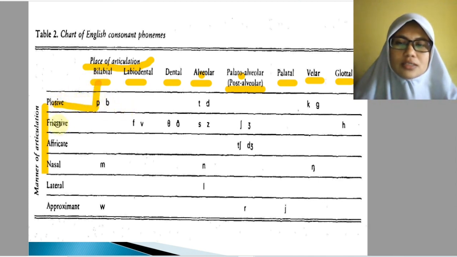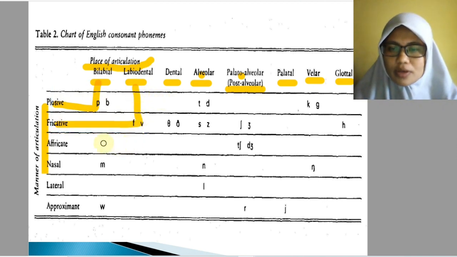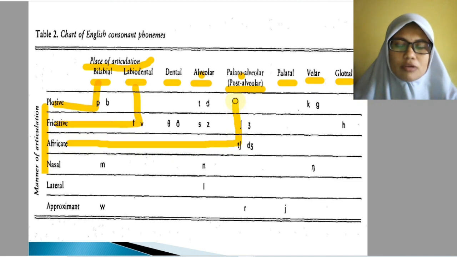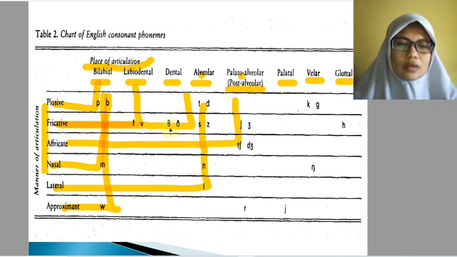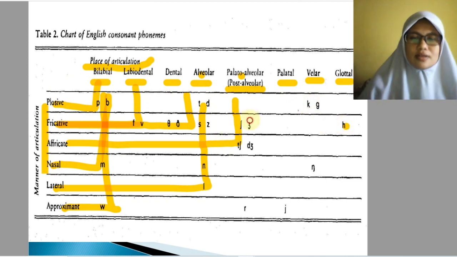And then labiodental is a fricative labiodental or labiodental fricative. So we can say affricate is palato-alveolar, nasal, nasal bilabial, lateral alveolar, and approximant bilabial, fricative, yeah. So plosive, ya, ini juga.